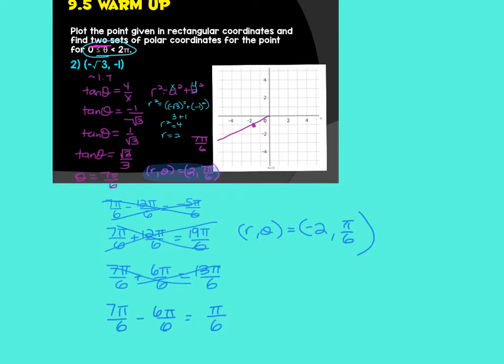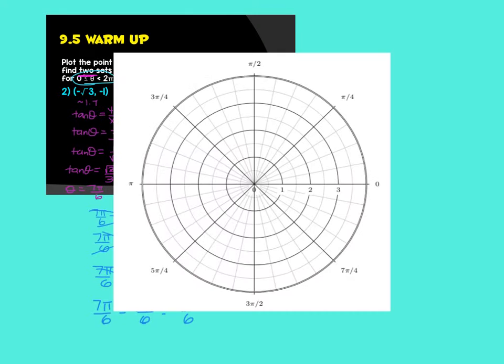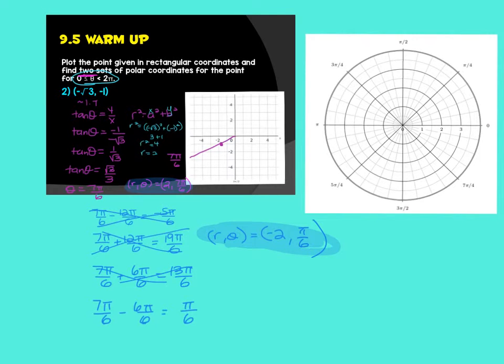So here's my initial coordinate, and here's my additional point. And if you wanted to go back to the polar graph, I can either go 7 pi over 6 or pi over 6.